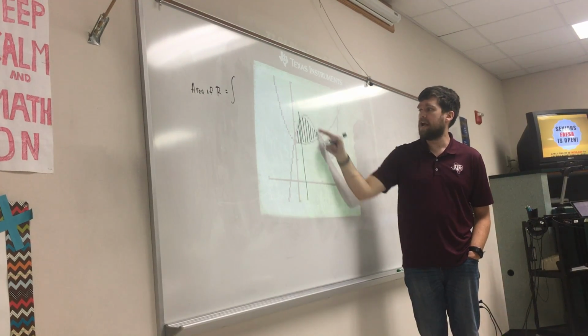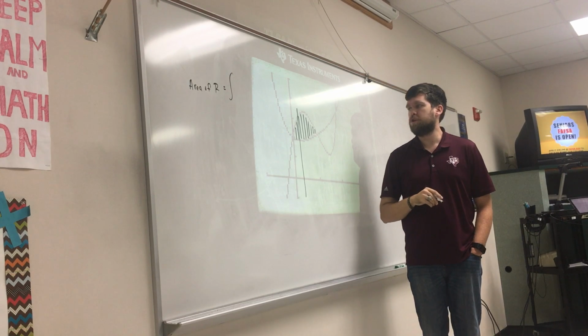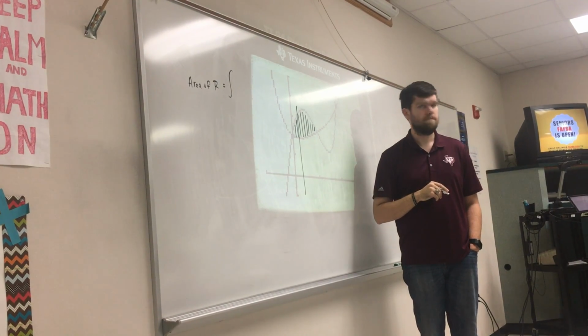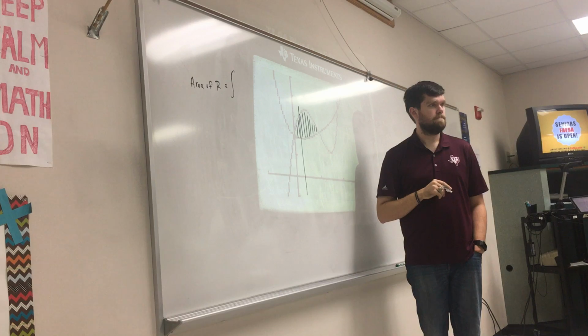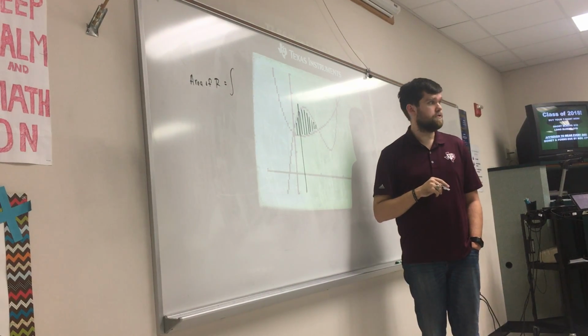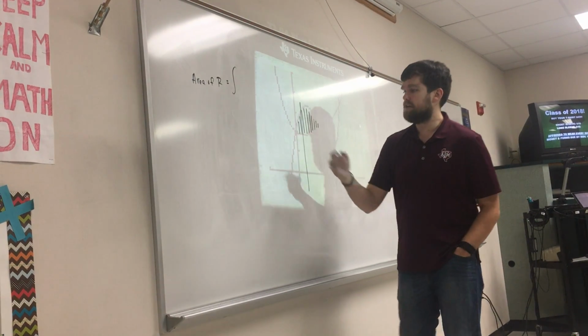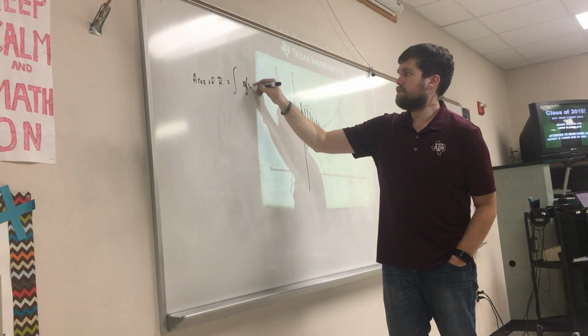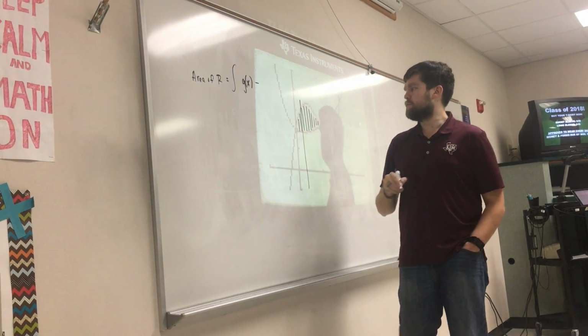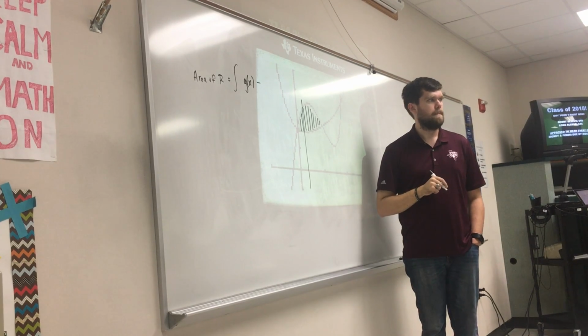So the question is, in region R, which function is on top? The second one, which was g of x, correct? So I'm just going to write down g of x minus what function is on bottom? f of x.